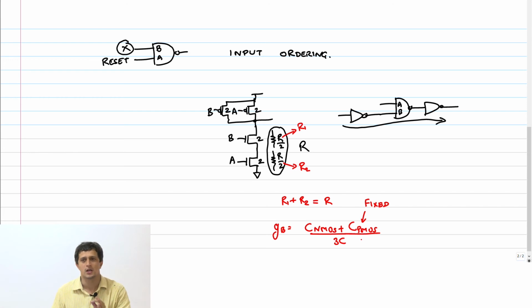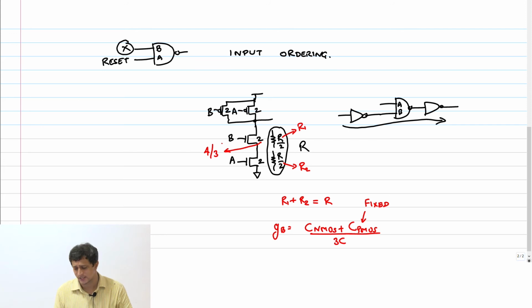Only thing I can do is now drop the resistance of the NMOS transistor, or drop the capacitance, I'm sorry, drop the capacitance of the NMOS transistor. Okay, so instead of 2, I'm going to make this sizing as, let's say, 4 by 3. Just some number. You can choose other numbers also. 4 by 3.